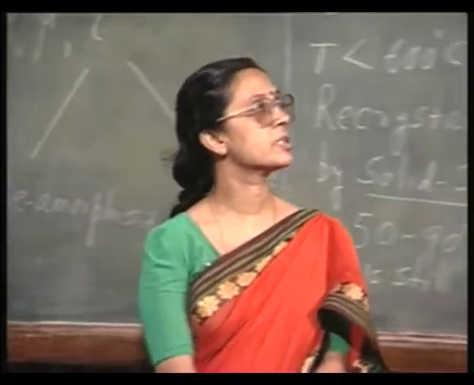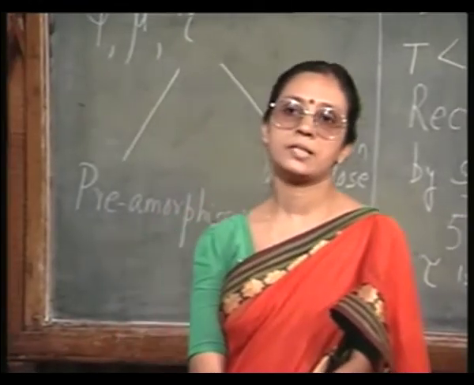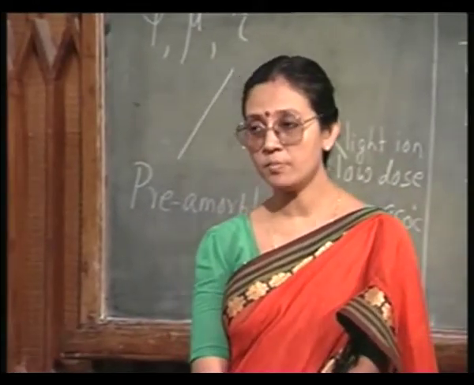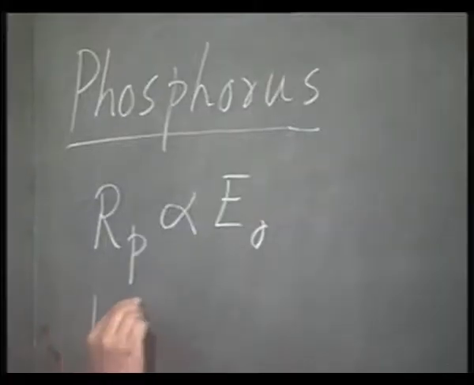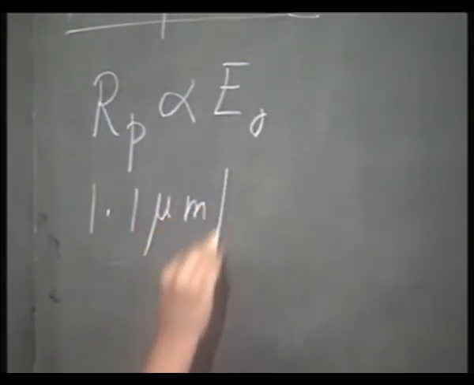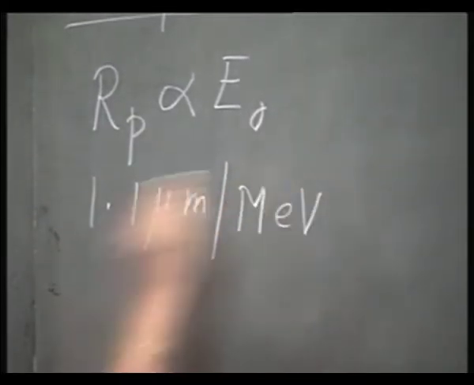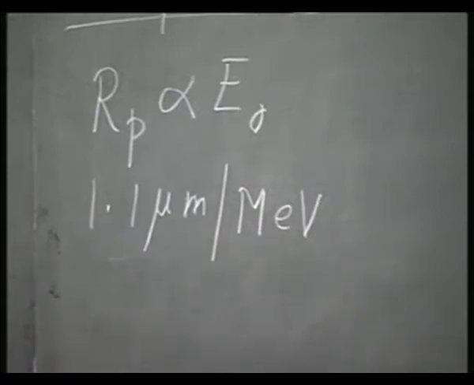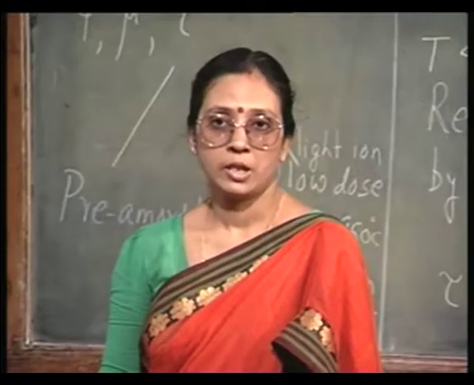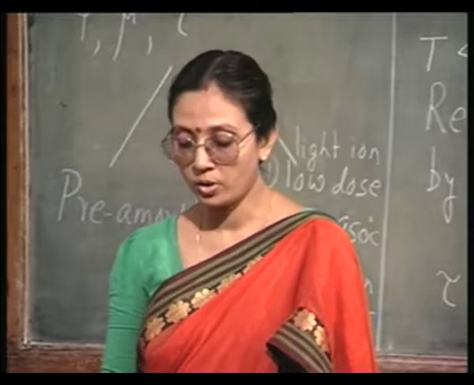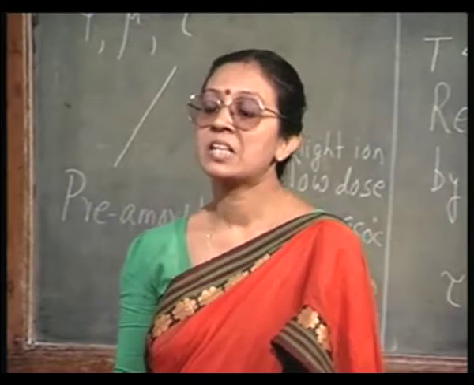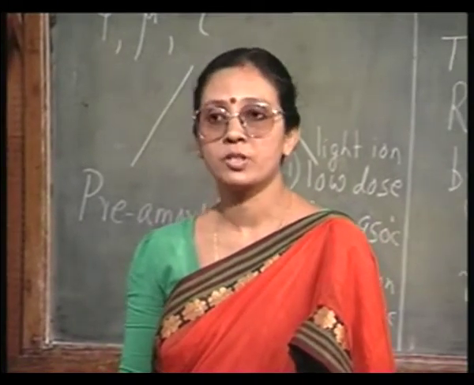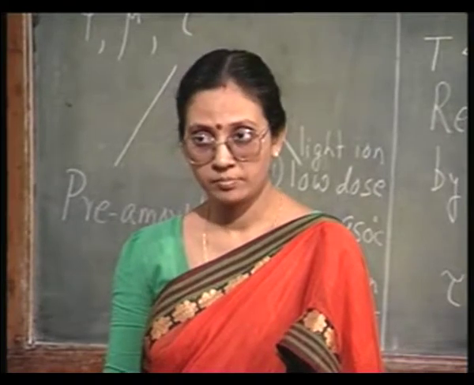Okay. So, because phosphorus is a heavy ion and it loses energy primarily by nuclear stopping mechanism, Rp is proportional to E naught, and it is given as 1.1 micrometer per mega electron volt, per 1000 kilo electron volt. That means, if you have 100 kilo electron volt energy, Rp will be 0.11 micrometer. So, obviously, it needs a lot of energy to put phosphorus deep into the silicon.